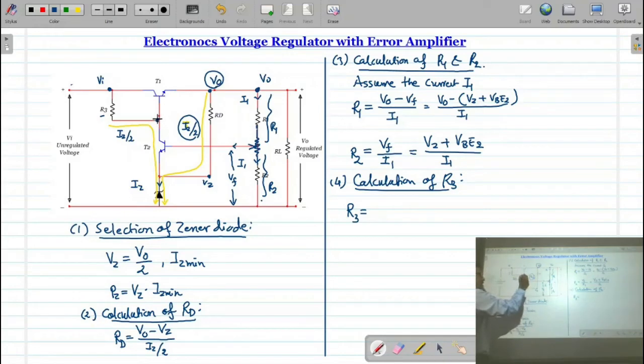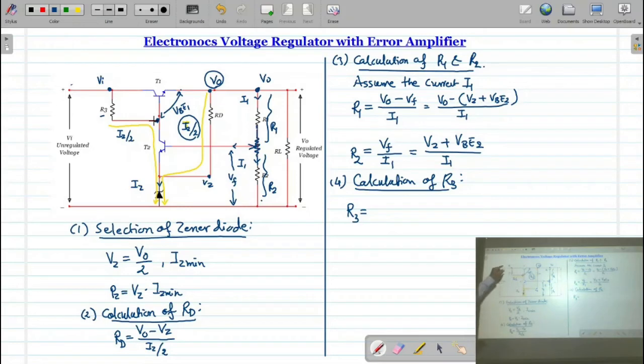Then the voltage on this base will always be higher than VO, and that is VBE1. So the voltage between these two is VBE1. Now if the emitter voltage is VO, then this voltage will be VO plus VBE1, because the base voltage is more positive than the emitter voltage.